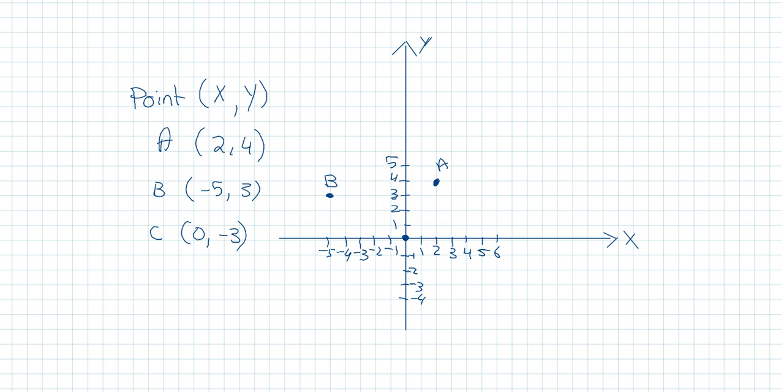Where is it going to be? -3 where? I have too many -3s. Right on the y. Because it's going to be at the 0, right? The x is 0, and then you're going to go down to the -3. So your point is going to be right here. Right? How about if I give you this?